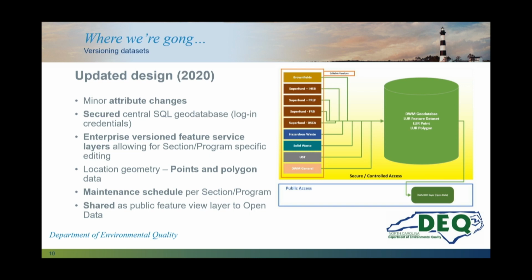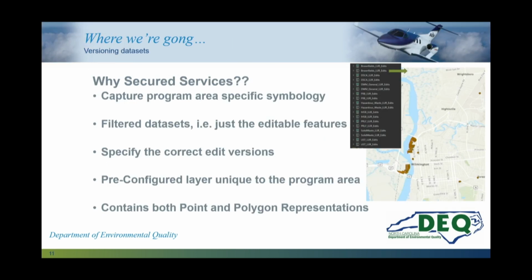One group wanted to do monthly, one group wanted to do quarterly, one group wanted to do annually. So we didn't want to force when that data was published. We wanted those groups to be able to uniquely edit their data and be as comfortable as possible in doing that process. So what we chose to implement was an idea of secured services.